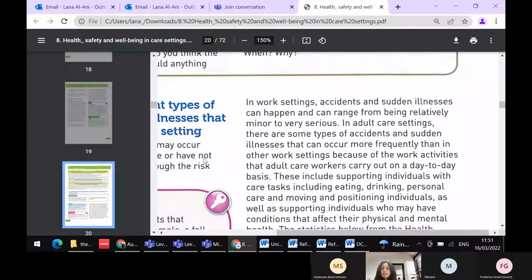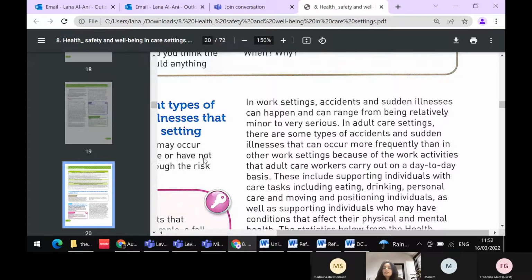So in adult care, some types of accident could occur more than one time. They could be happening regularly, frequently. And some of them could happen just once. So it depends on how many of these accidents are happening, how many times.